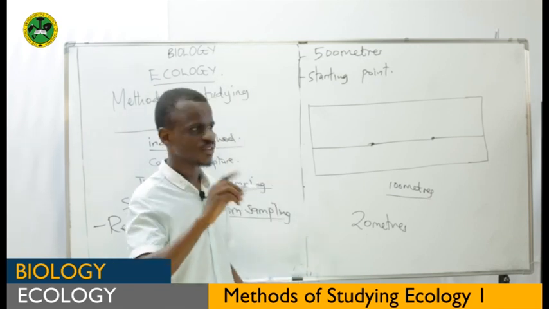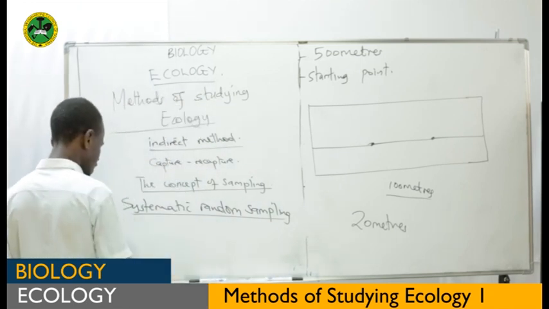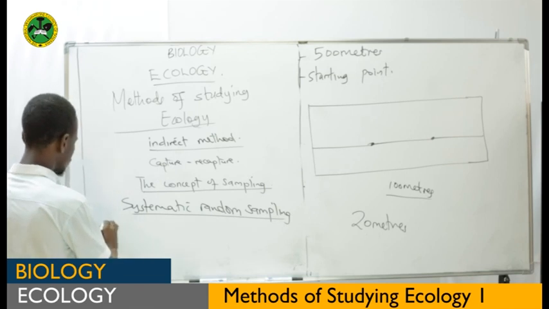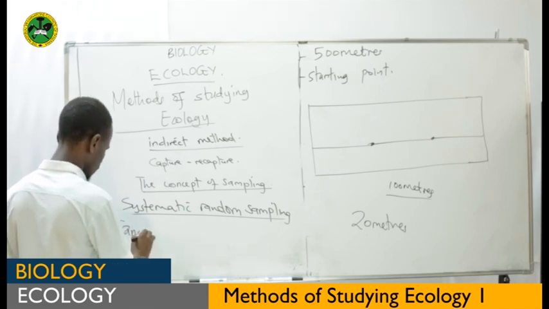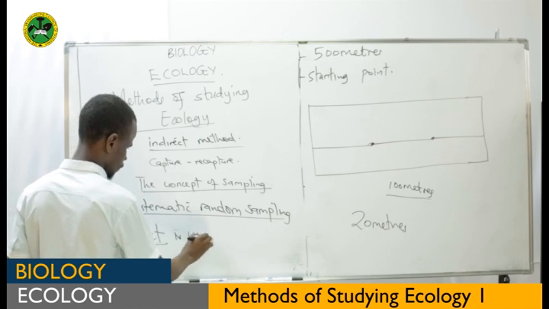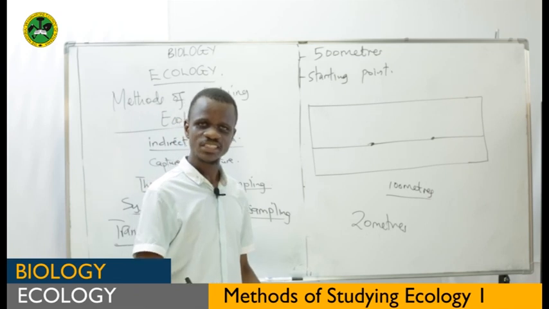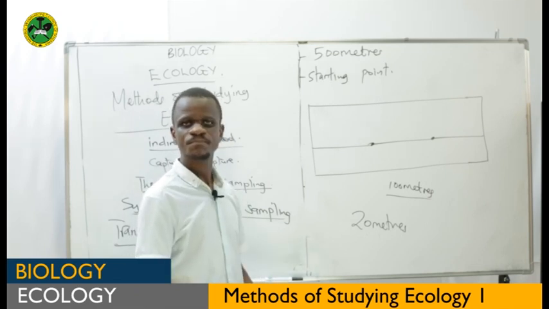Therefore, my students, in systematic random sampling, a transect is used. As we go on, we will know the detail of transect.